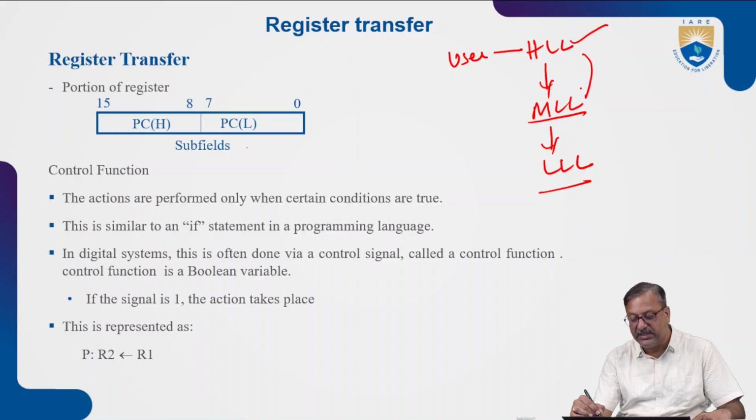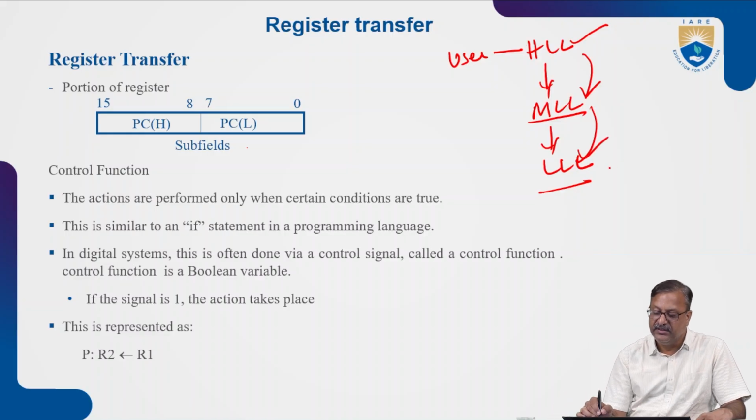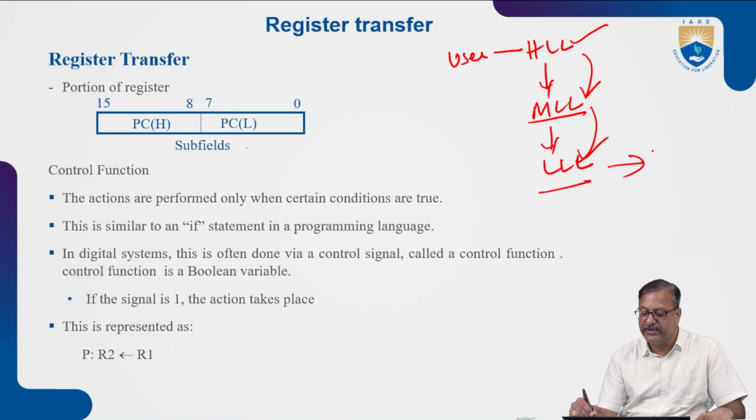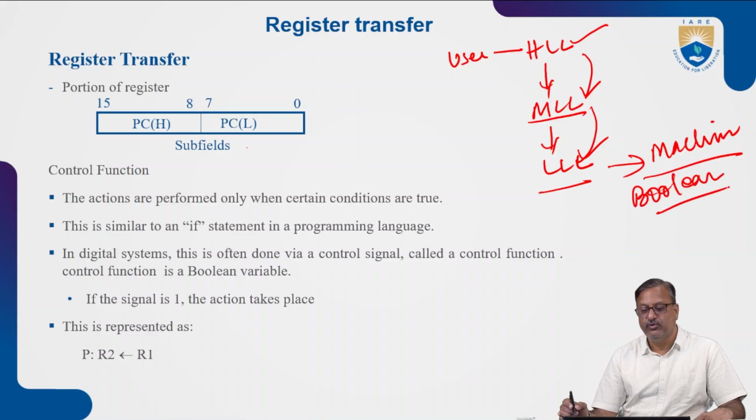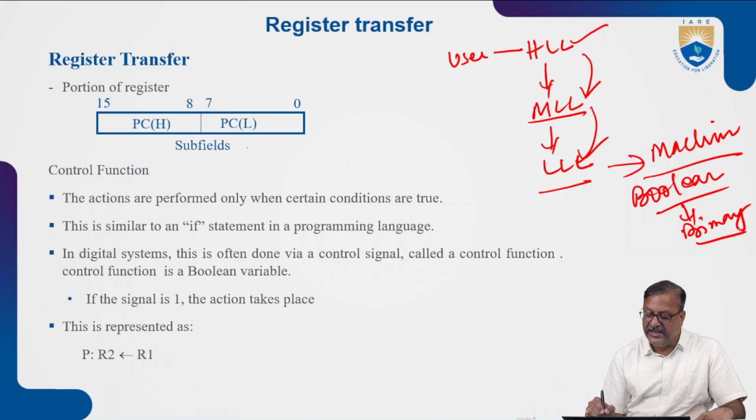What we are studying in micro operations can basically understand only low-level language. There is also a middle-level language. So the user's high-level language has to be converted into the middle-level language, and again converted into the low-level language. This low-level language we also call machine level language, or Boolean variables. Boolean variables means binary, which follows the binary number system. The value of binary may be 0 or 1.